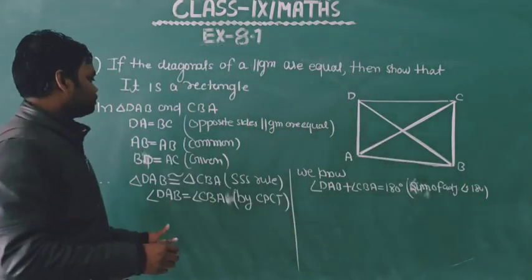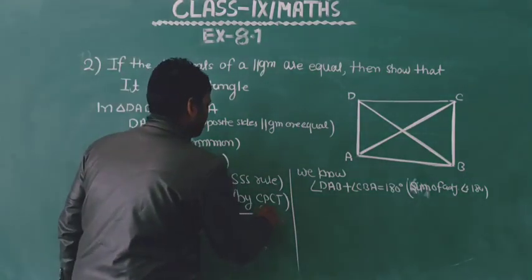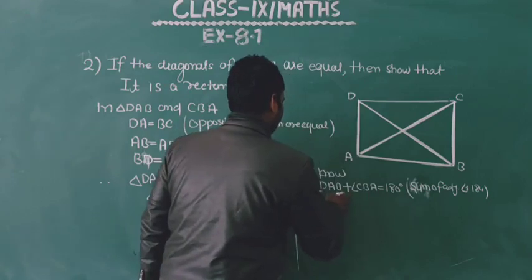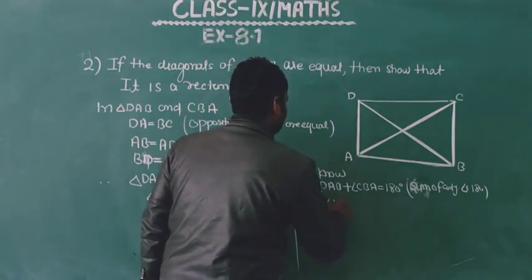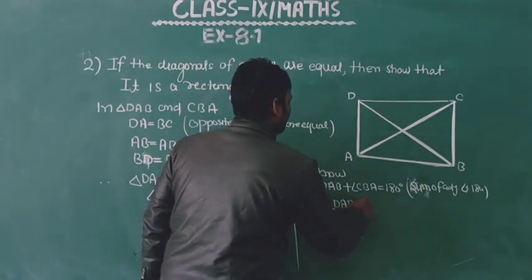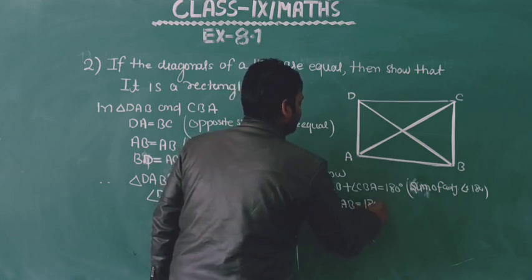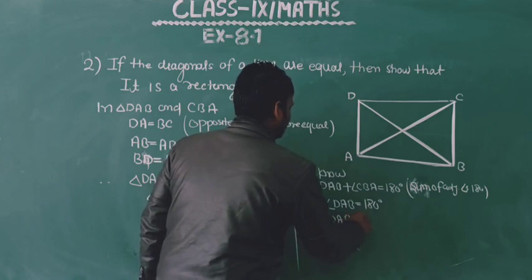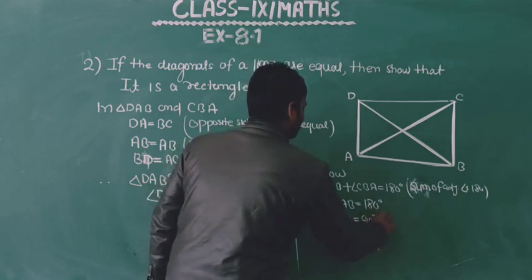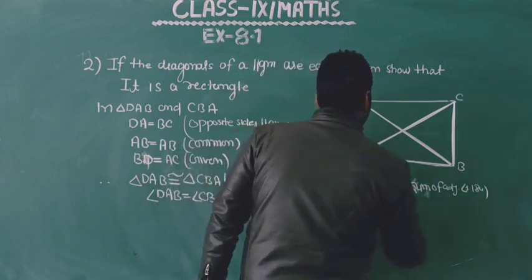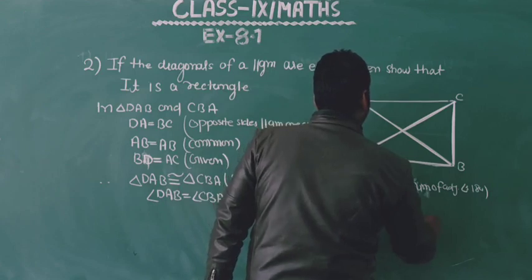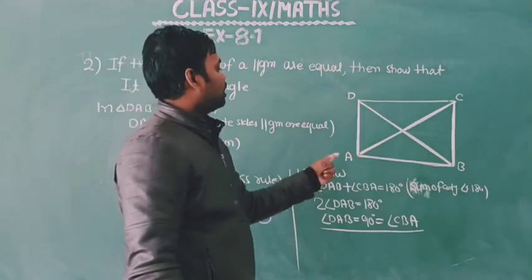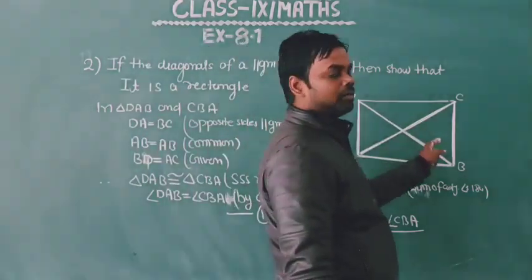Now using equation 1, this becomes 2 angle DAB equal to 180 degrees, and angle DAB equal to 90 degrees. This is also equal to angle CBA. And as we know, opposite angles of a parallelogram are equal.